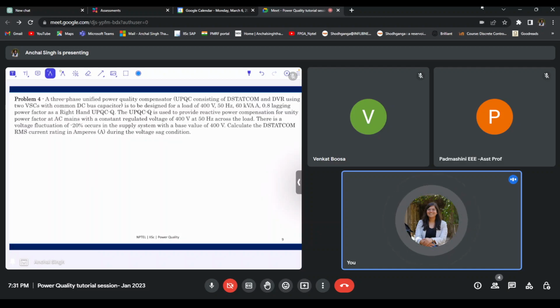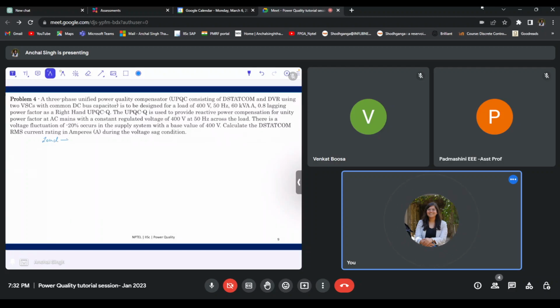So let us move on to the next question. In this question again, there is a three-phase circuit, and for that a three-phase UPQC is used, again consisting of both D STATCOM and DVR with a shared DC bus capacitor. This time the load is given as 400 volts, 50 hertz, 60 kVA load with a lagging power factor, and the right hand UPQC Q is used this time.